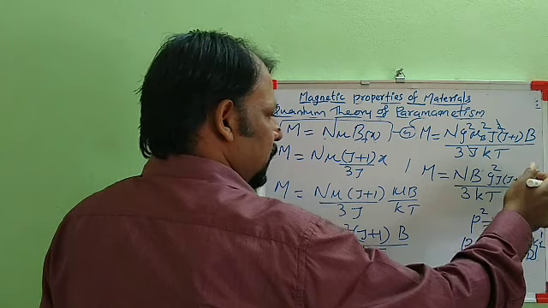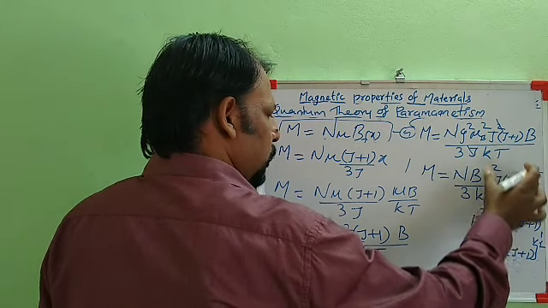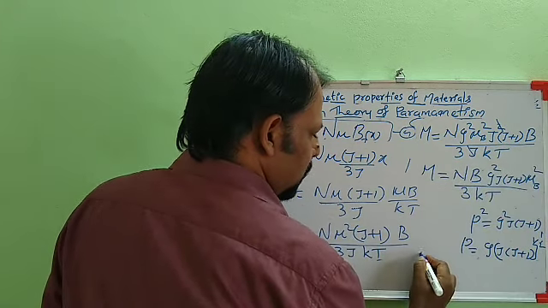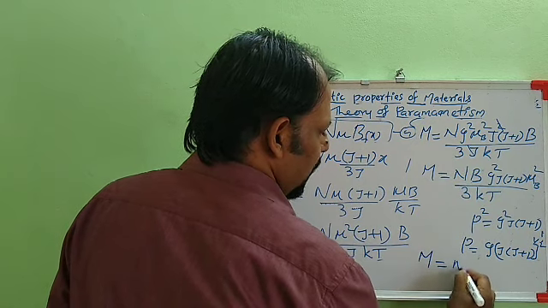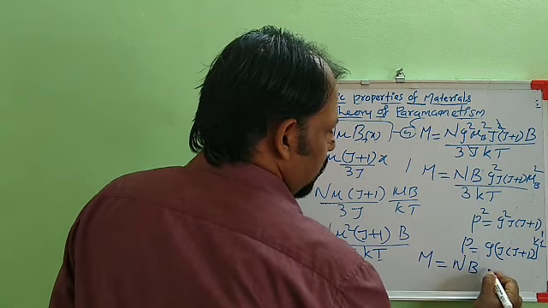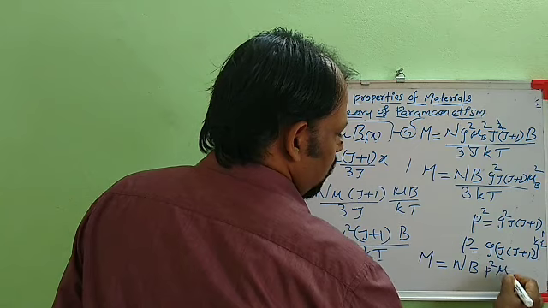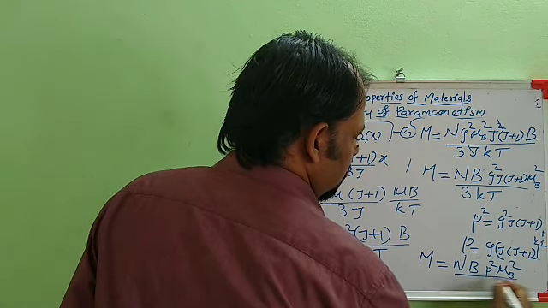So in this case, we will write p square instead of this expression. So the magnetization M equal to N B p square mu_B square by 3 kT.